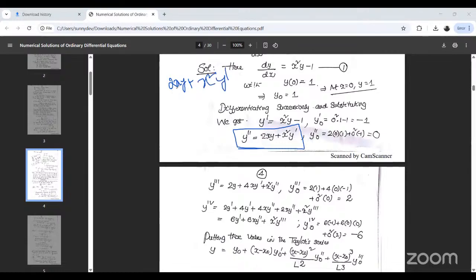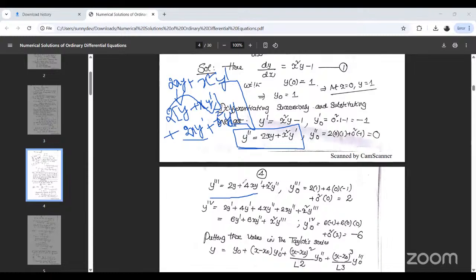This differentiation becomes 2 outside, then y plus x into y dash, plus the differentiation of x square, which is 2x y dash, plus x square into y double dash. Completely, we are getting 2y plus 2xy dash plus 2xy dash, that becomes 4xy dash plus x square into y double dash.